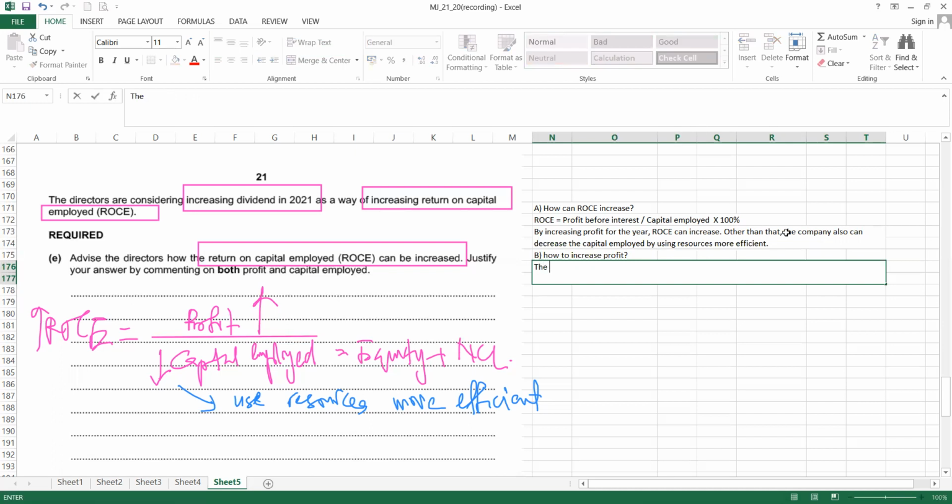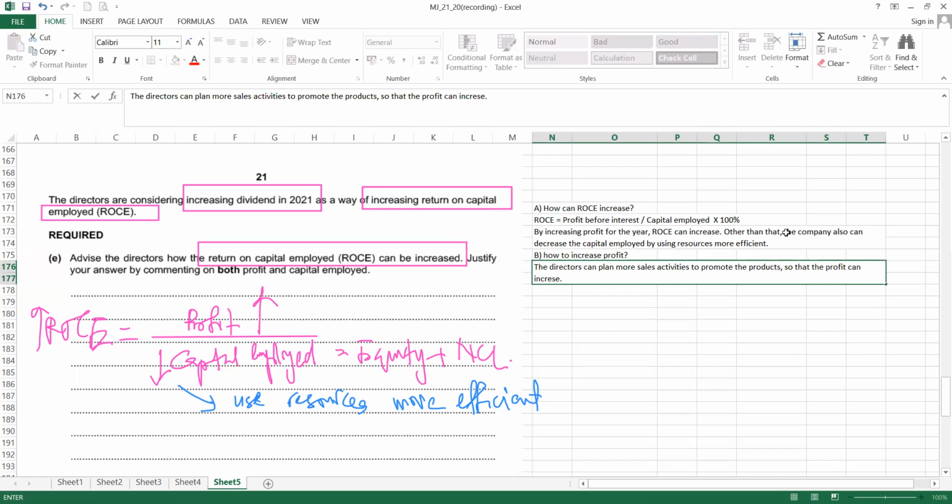You can say that the company or the director can plan more sales activity to promote the product so that the profit can increase.